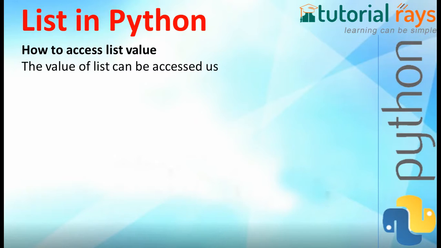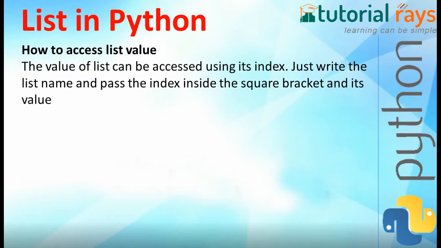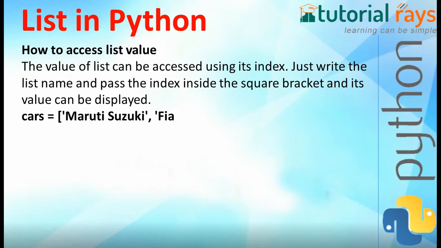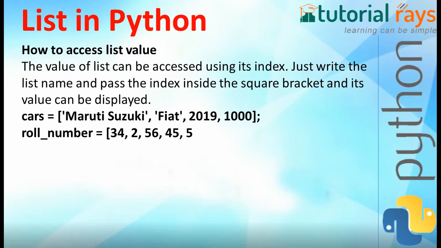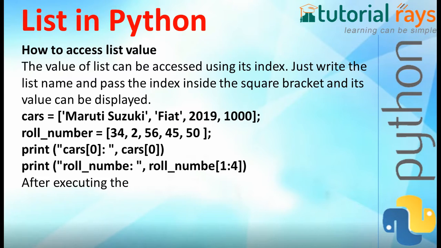Now the next thing is how to access a value. The value of a list can be accessed using its index. Just write the list name and pass the index inside the square brackets and its value can be accessed. So for example, cars: Maruti Suzuki, Fiat, 2019 and 1000. Roll number: 34, 56, 45, 50.